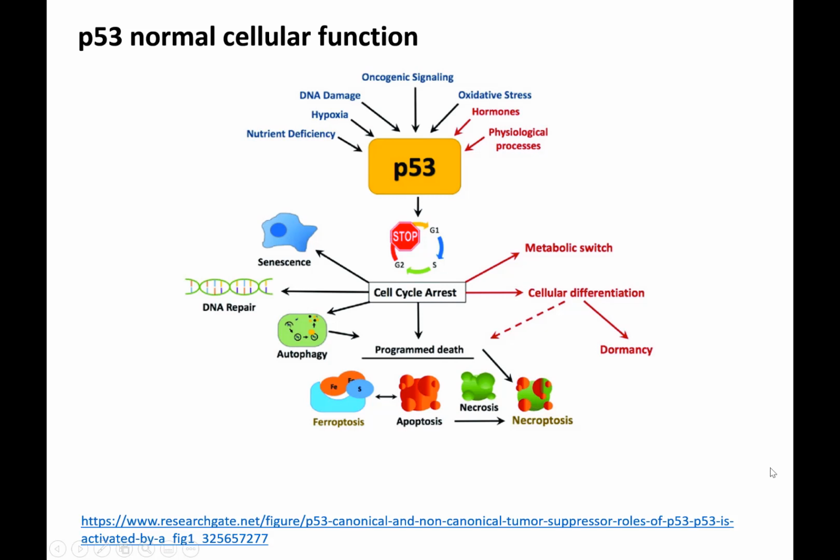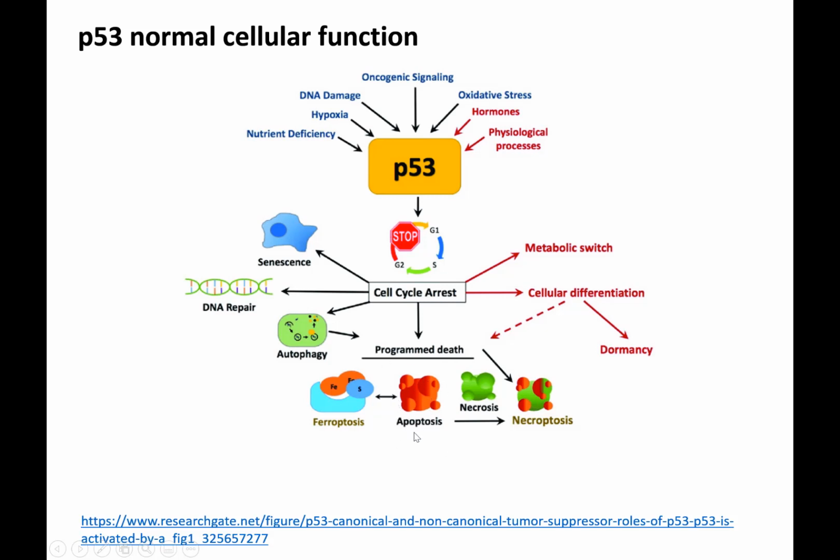All right, so P53 normally stops cell cycle and can trigger apoptosis. So if there are things like DNA damage, P53 gene is activated and it will stop the cell cycle. If the cell cannot fix the DNA damage, so this is showing DNA repair, senescence, it can go into programmed cell death, which is called apoptosis.